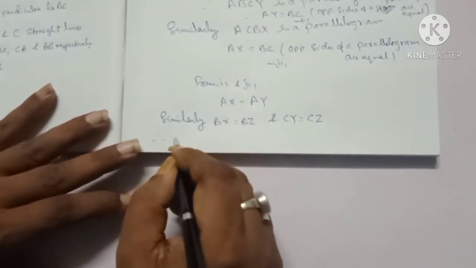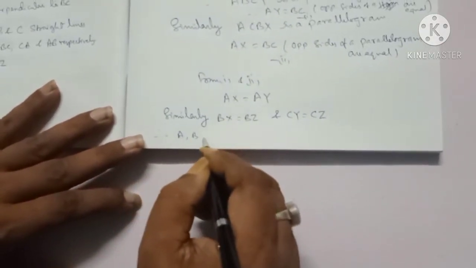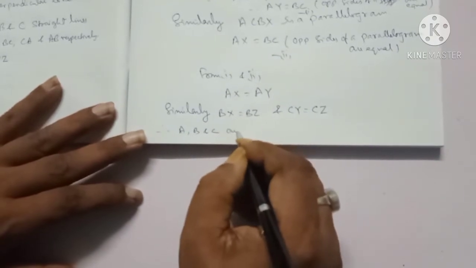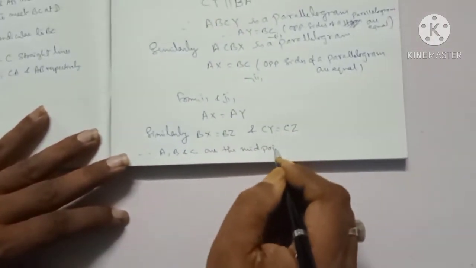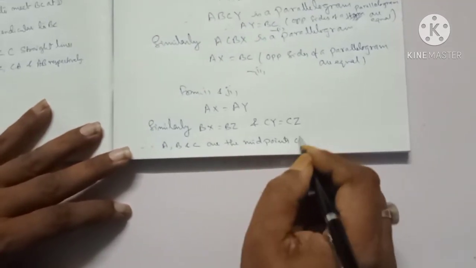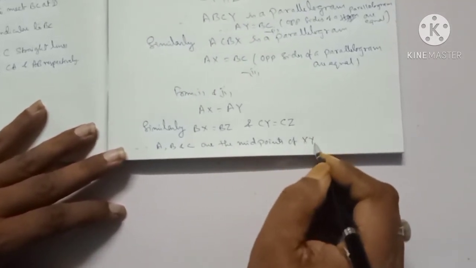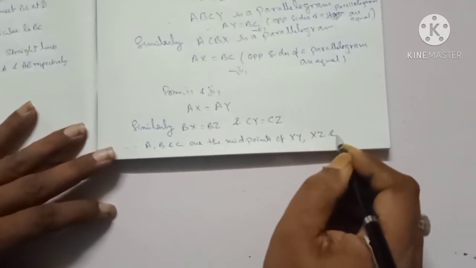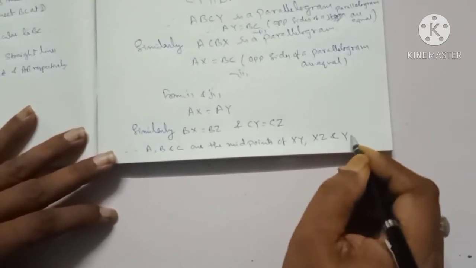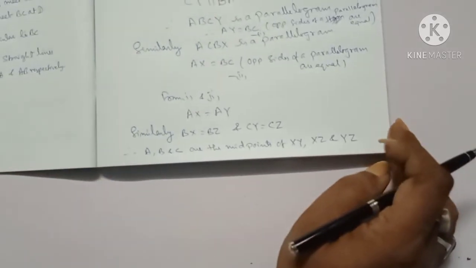Therefore, A, B and C are the midpoints of XY, XZ and YZ.